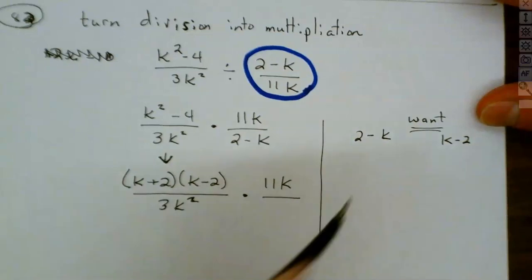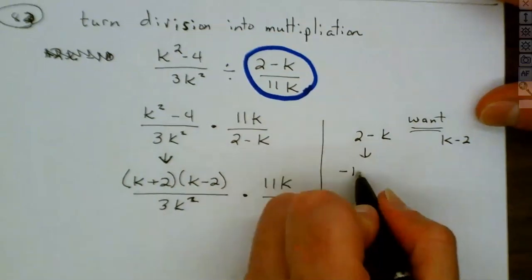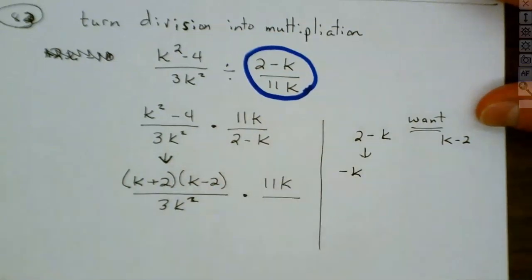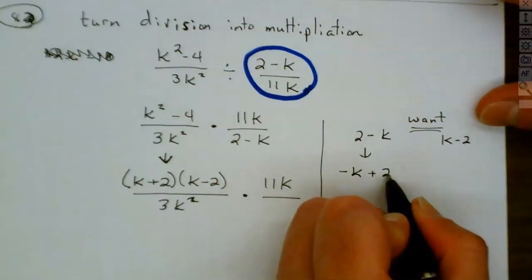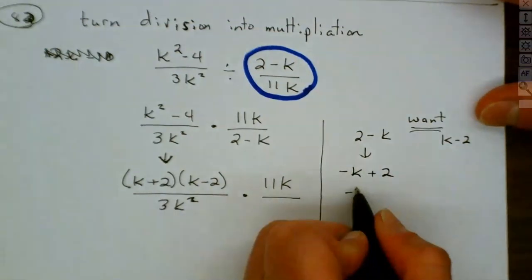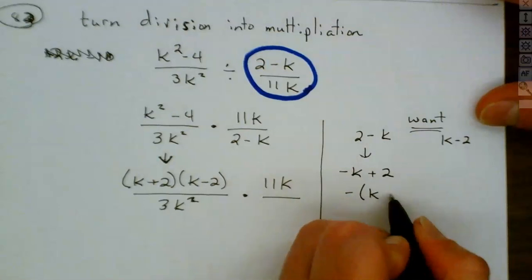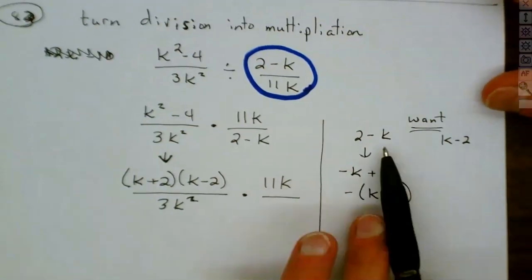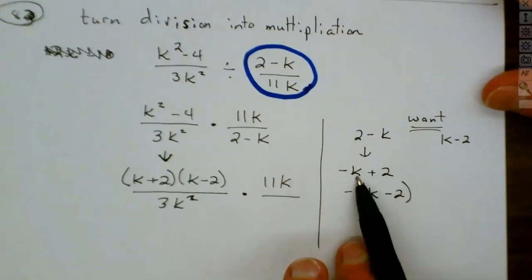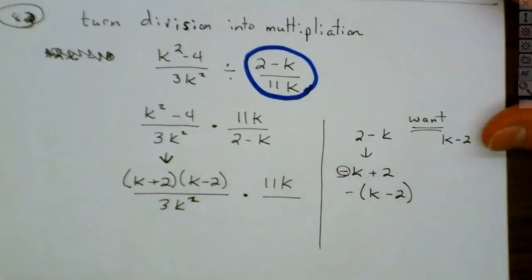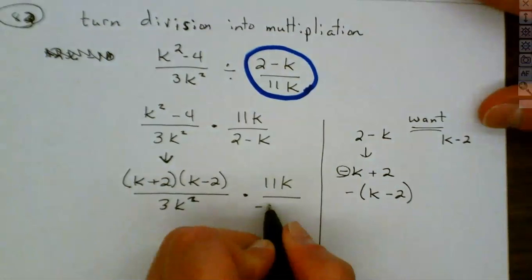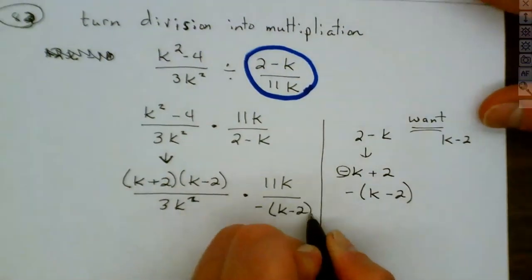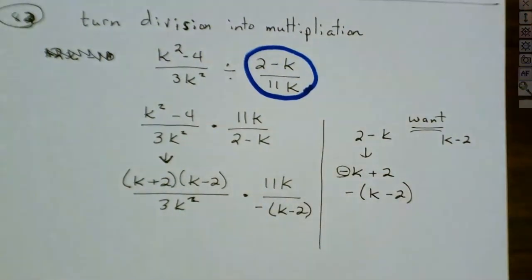Well, we begin by rewriting it in the correct order. So that's minus k plus 2. The variable always goes first. Then we can factor out a minus. Now we have it, right? See what I did. We wrote it with the variable first, and if it ever begins with a negative, you factor it out. And why did I do that? Well, I did that so I can now factor.